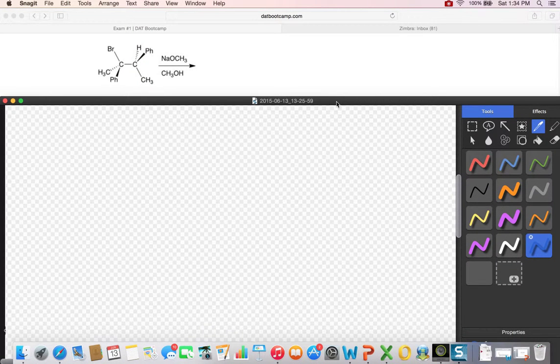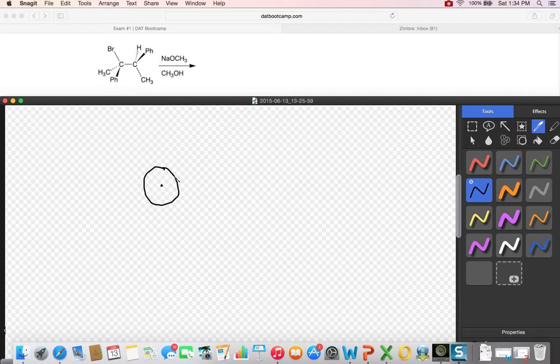And what I'm going to do with the Newman projection is I am going to look down the bond of this CC bond. So my mind's eye is going to be on this carbon that bears the bromine. Remember, the little dot is the carbon that I'm looking at.